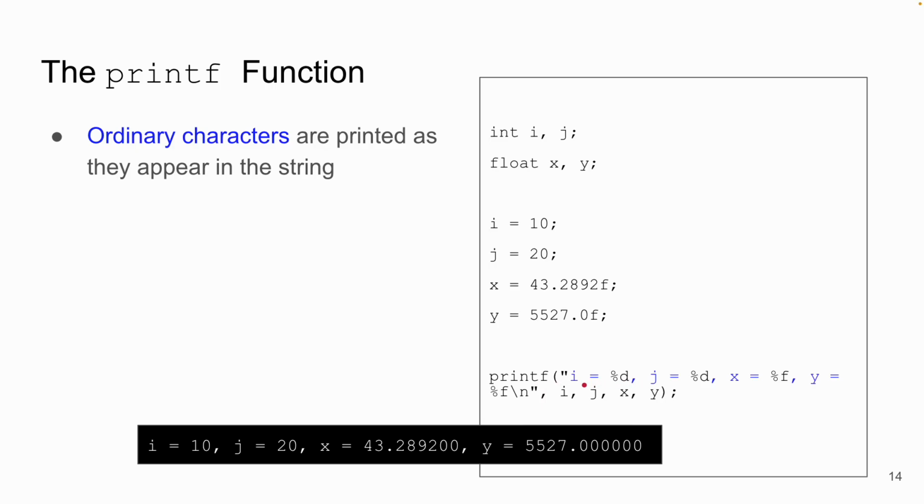You can see the format string includes ordinary characters. You can see I have i, space, equal, and then another conversion specification. So the i, space and equal symbol appear as they are shown in the format string for the printf. This is what ordinary characters do in the format string.